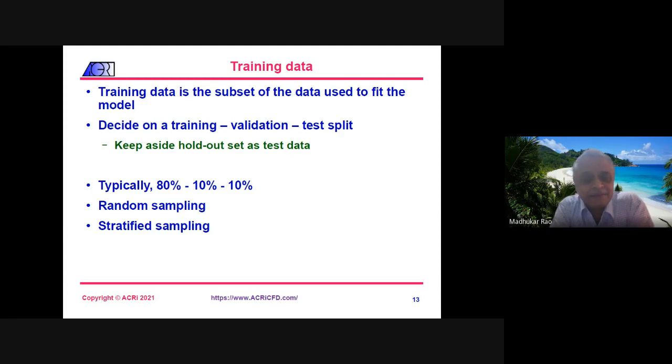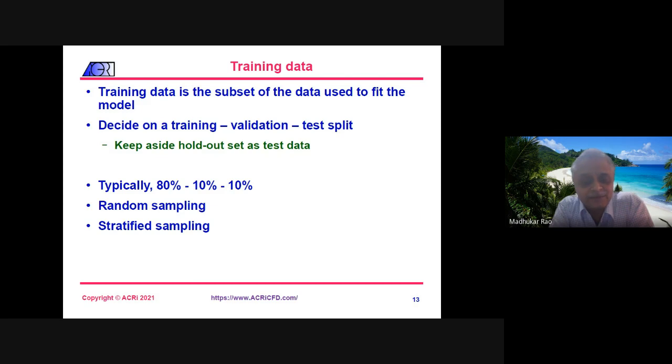Typically, what I do is 80% for training, 10% for validation, and 10% for test data. I usually mix up all my data, shuffle it and do a random sampling to get these, so that I make sure my data is identically distributed, IID. In certain cases, I will also do stratified sampling. If I have different classes of flows, I want to make sure that I don't bias my training towards one particular set of examples.